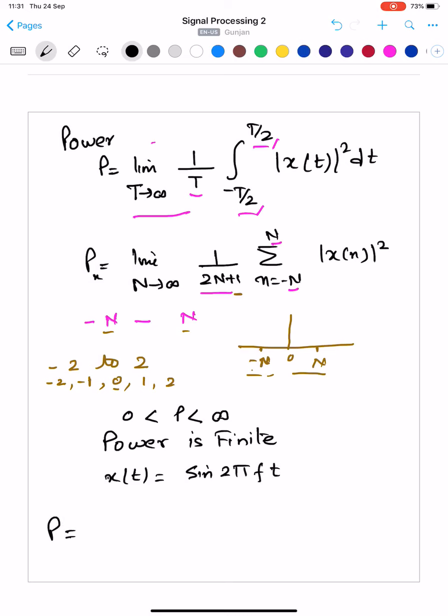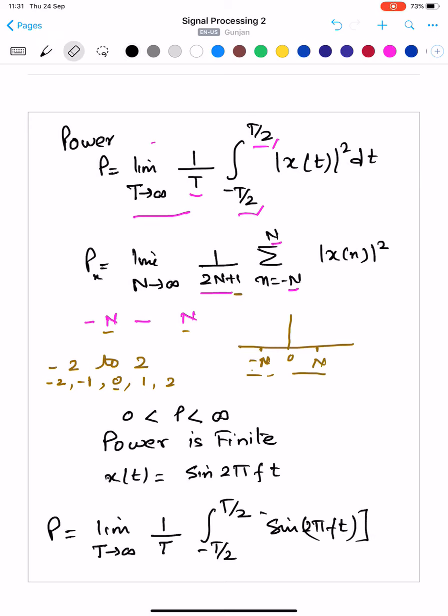So P will be equal to the limit as T tends to infinite of 1 upon T, where T is basically your time period, times the integral from minus T by 2 to T by 2 of sin(2 pi f t) squared dt.